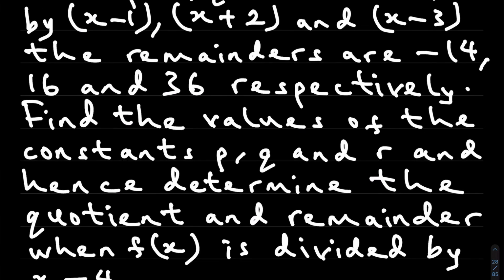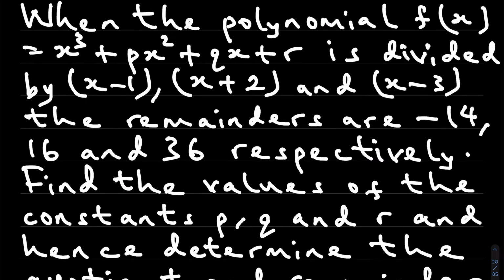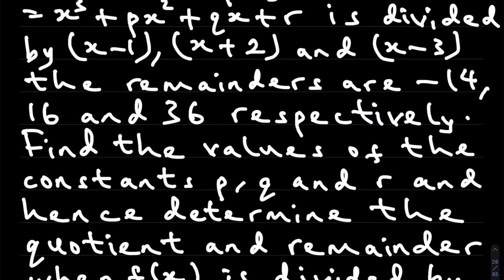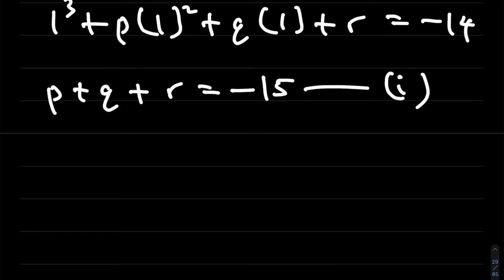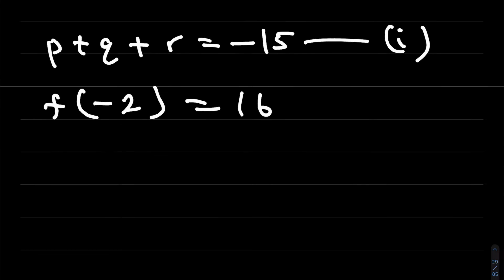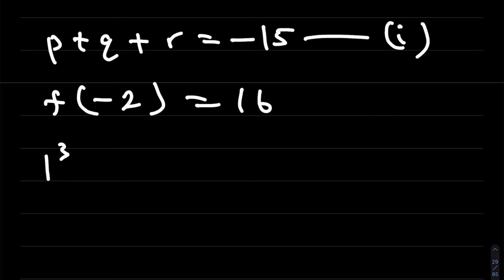When f of x is divided by x plus 2, the remainder is 16. So that simply means f of minus 2 equals 16. We're just substituting minus 2 for x in f of x.